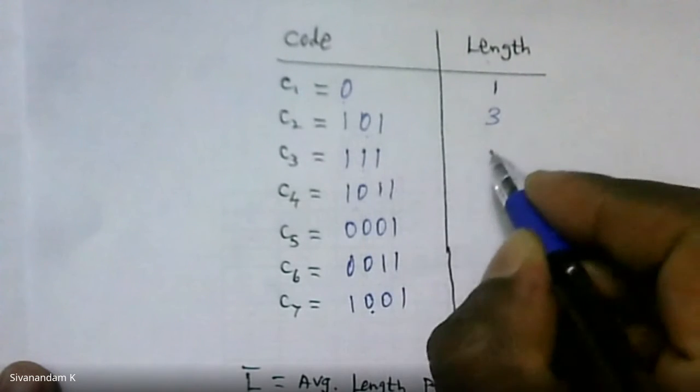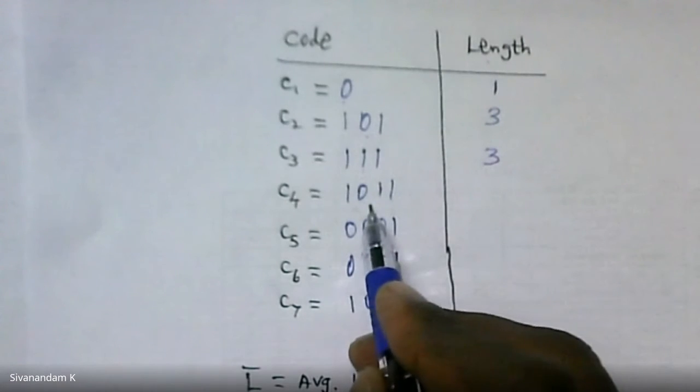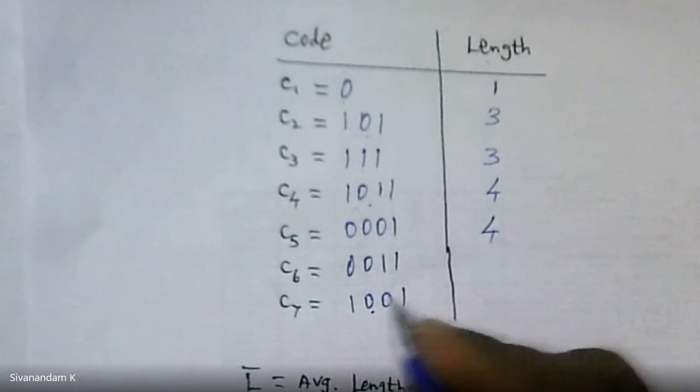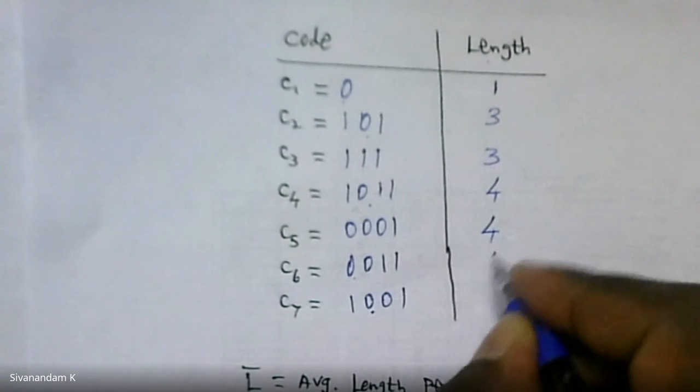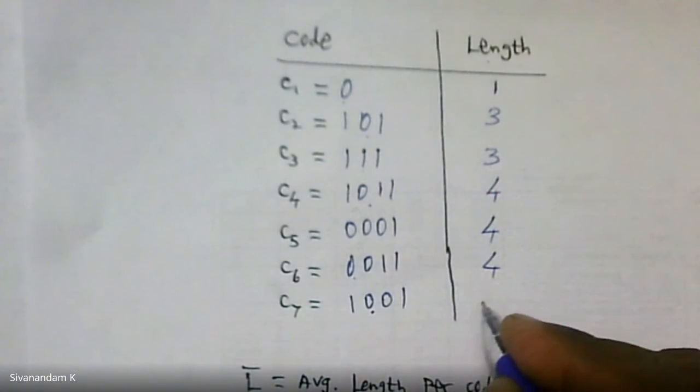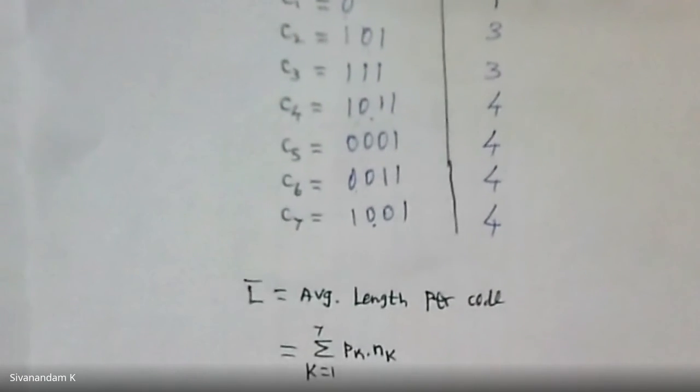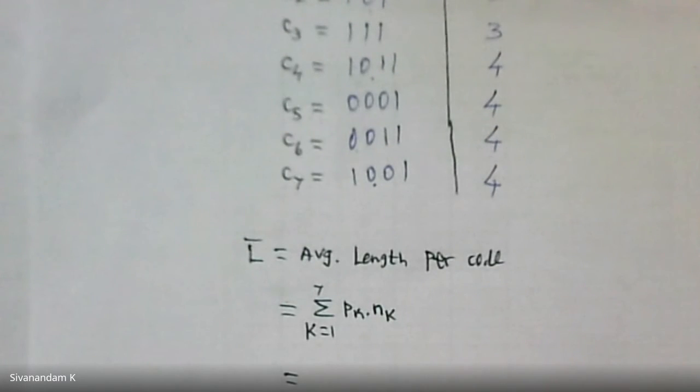Third message length is 3. Then fourth message length is 4. Fifth message length is 4. Sixth message 4. Also the length of the final message is 4 bits.